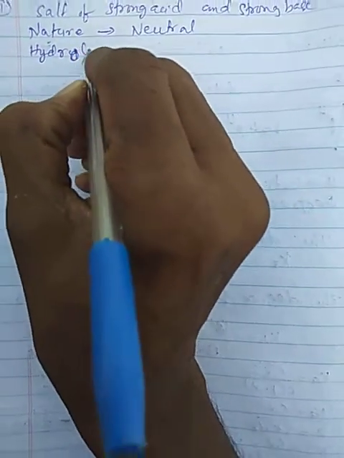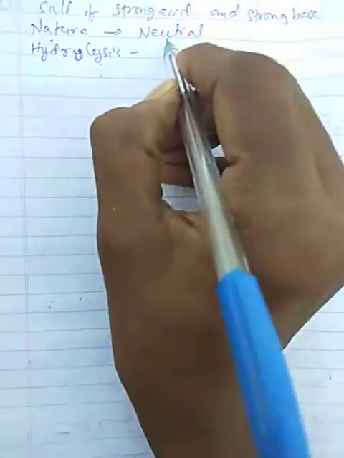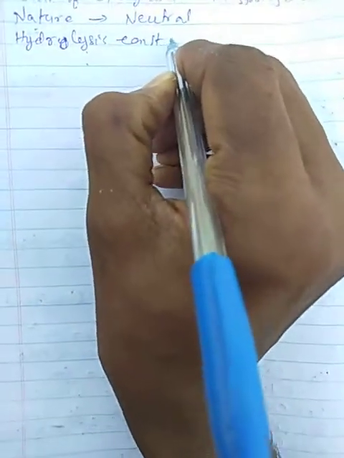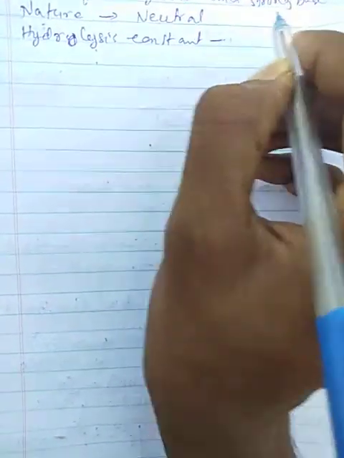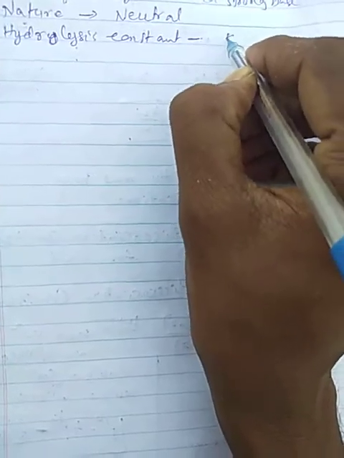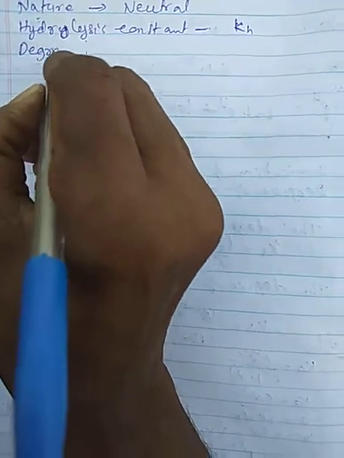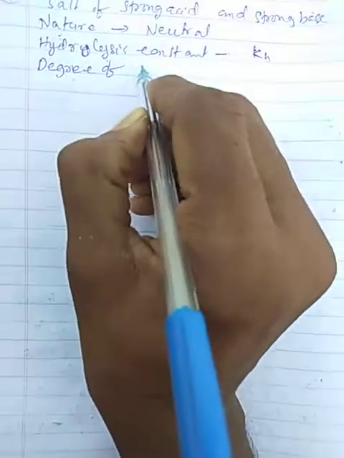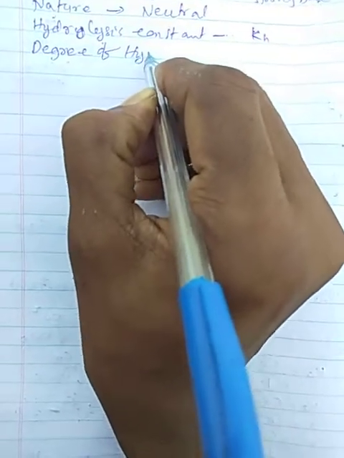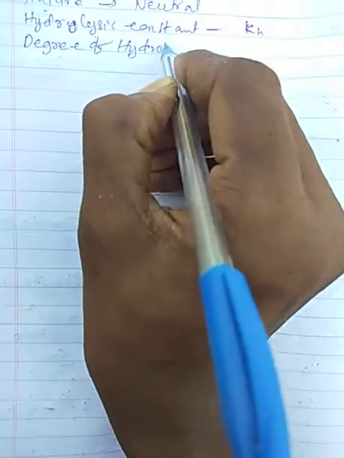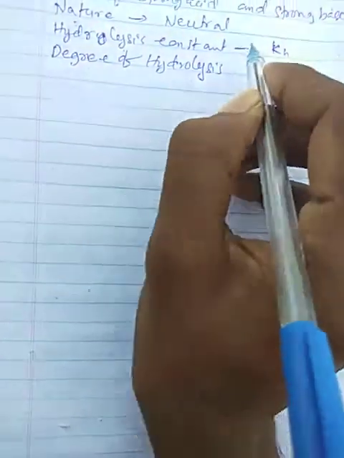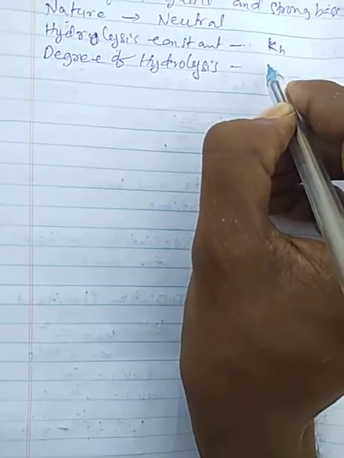Hydrolysis constant, we use KH. Now the degree of hydrolysis we can write as h.